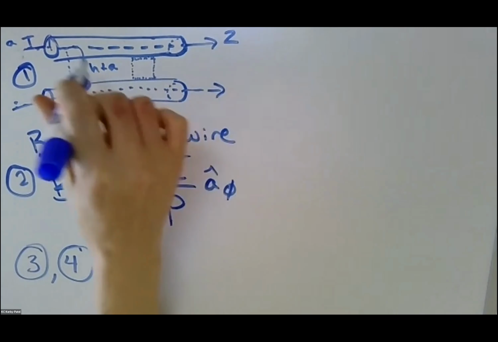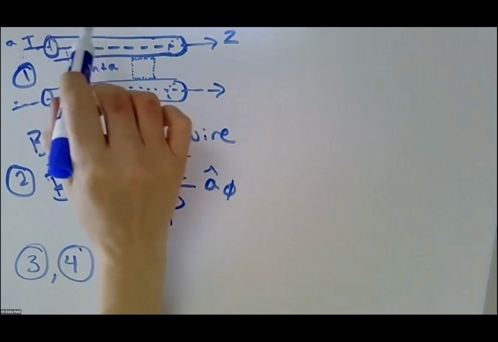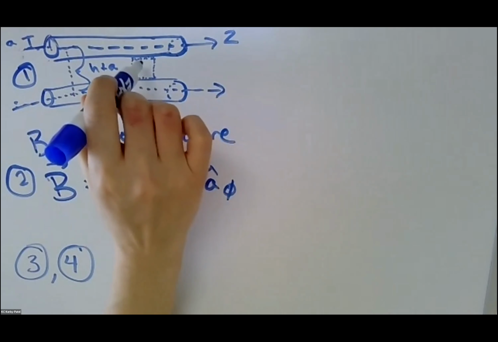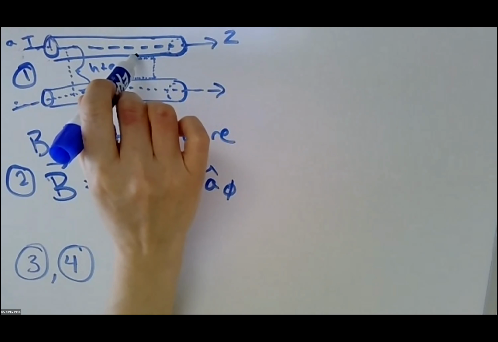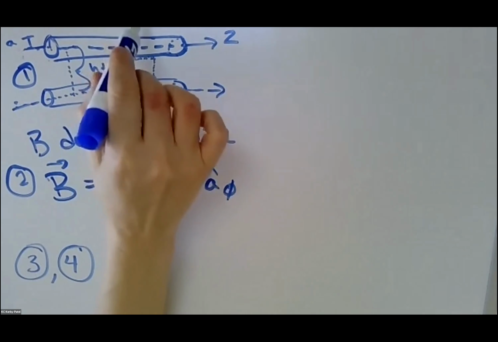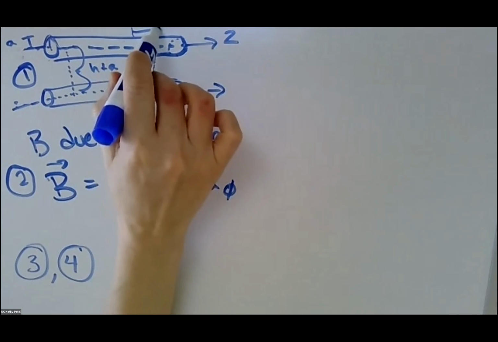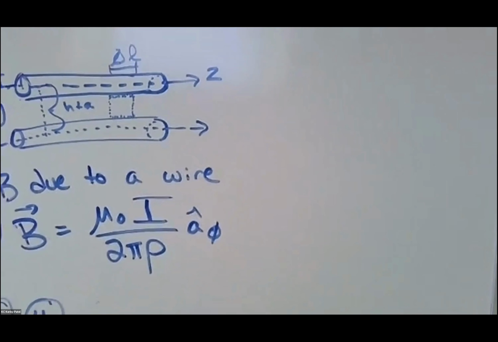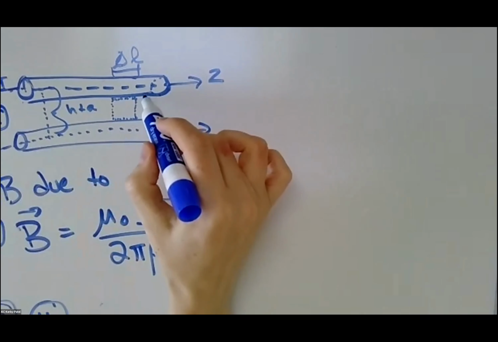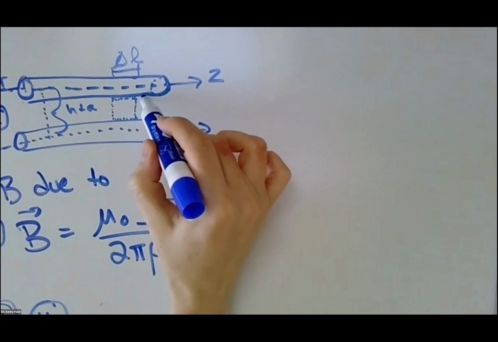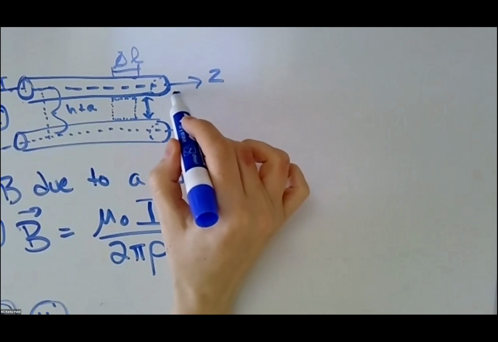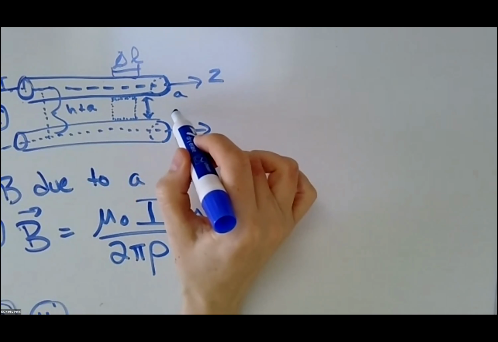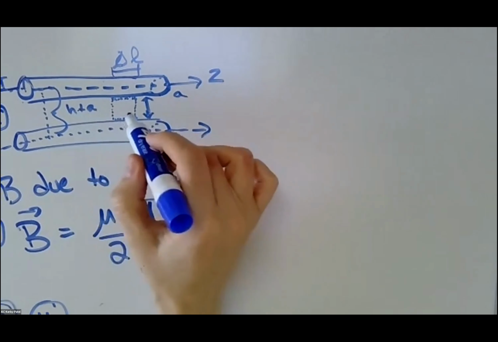Because I'm assuming that the current is flowing on the surface of the wire, there wouldn't be anything going on inside the wire. And this square in between the two wires is going to have z dimension delta L. And its bounds are going to go from A to, oh, that makes it H minus A. That's annoying.